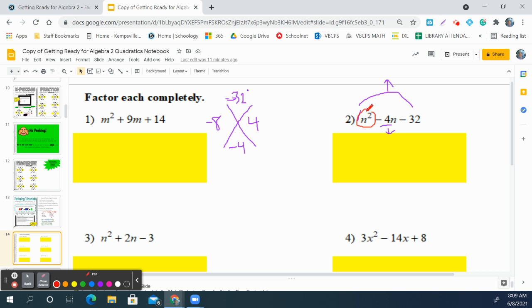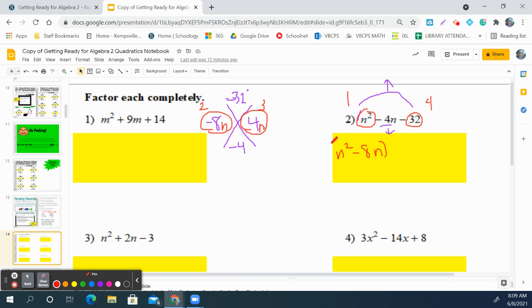This is your first term when you put everything back together. This is your second term. This is your third term. And this is your fourth term. So when you put it back together, you start with n squared. And then you come over here and get your second term, minus 8n.